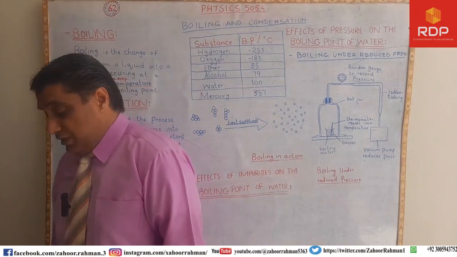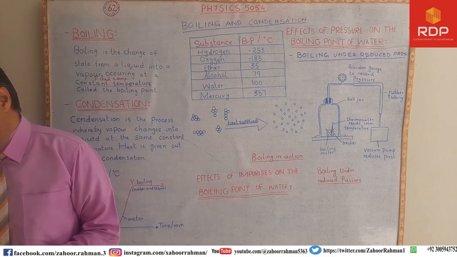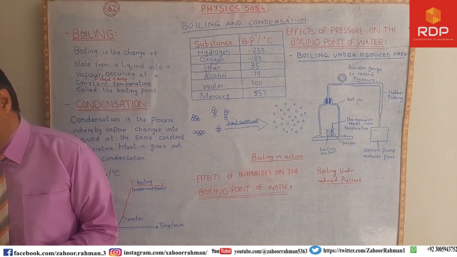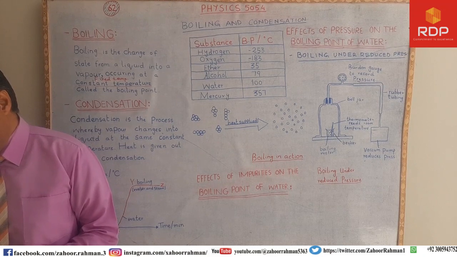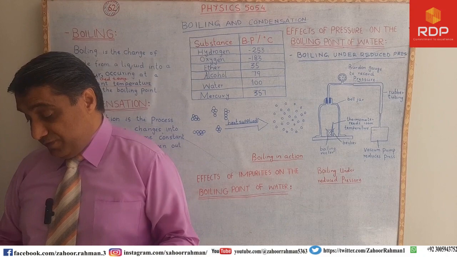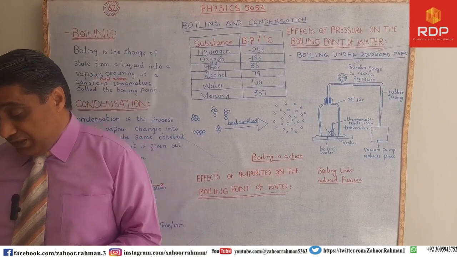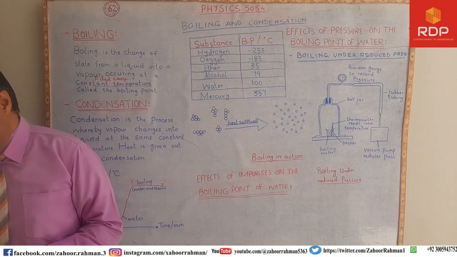So, yes, the effects of impurities on the boiling point of water. Just as we saw with antifreeze, here we can add salt or sugar.